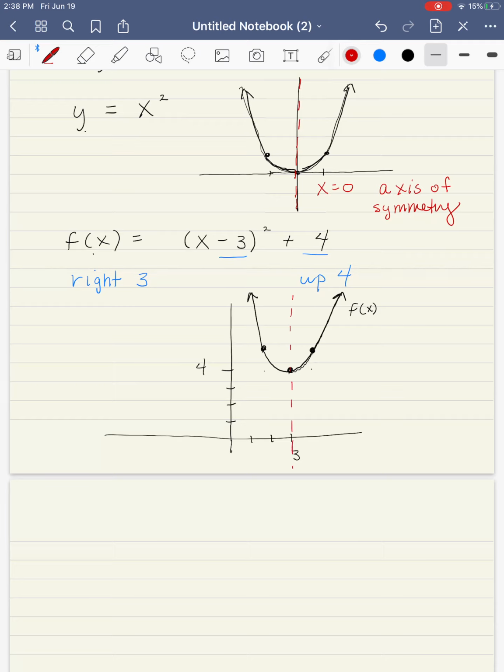And I see that my axis of symmetry moved to the right 3 units, right along with the entire graph. I went from x equals 0 over here to x equals 3. So my equation is x equals 3. And that is my axis of symmetry.